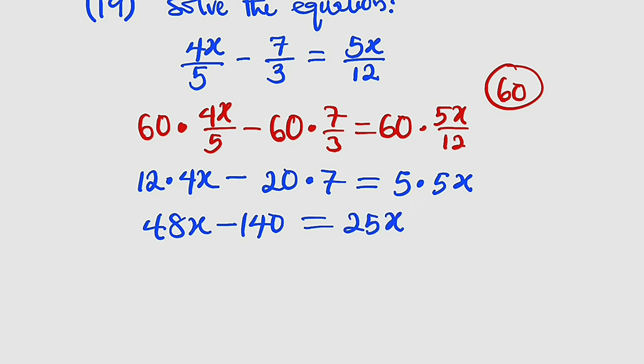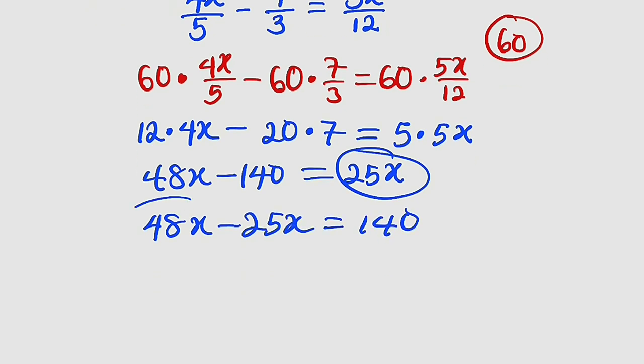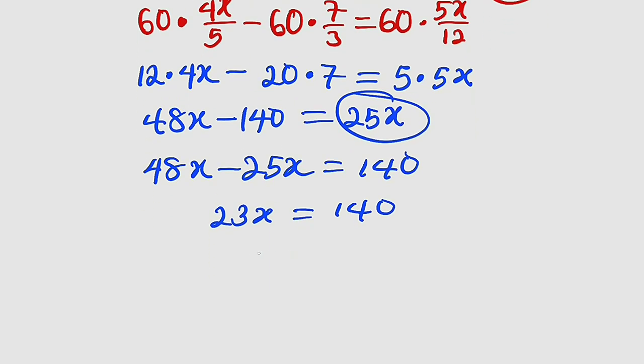So let's take 140 to the other side and bring backward 25. So we have 48x minus 25x, and this is equal to 140. And if you subtract this, you're going to get 23 exactly. This is 23x equals 140. Then we divide both sides by the coefficient.